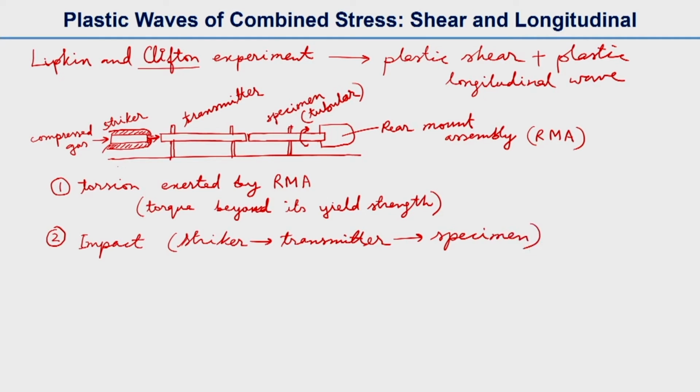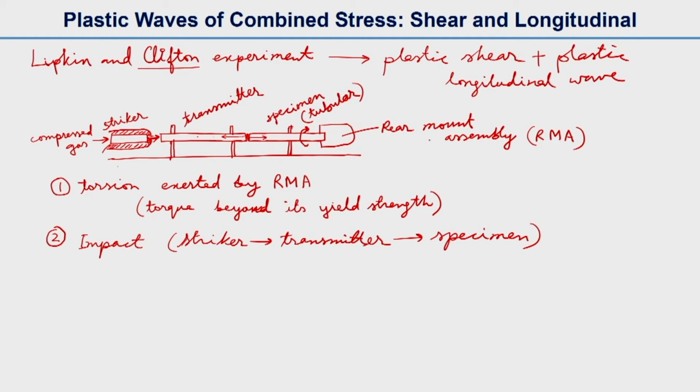The wave will reflect from this transmitter-specimen interface, both longitudinal and shear, the elastic wave will reflect from this interface, but it will also transmit to the specimen, producing the longitudinal wave, both elastic and plastic, because the impact is at a very high velocity.